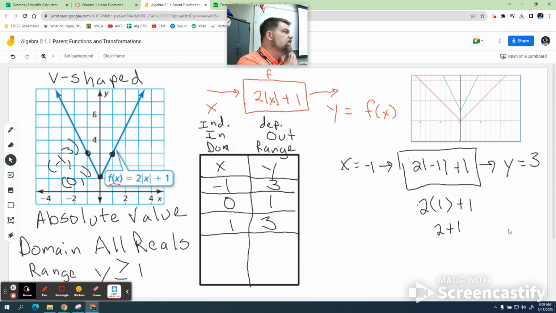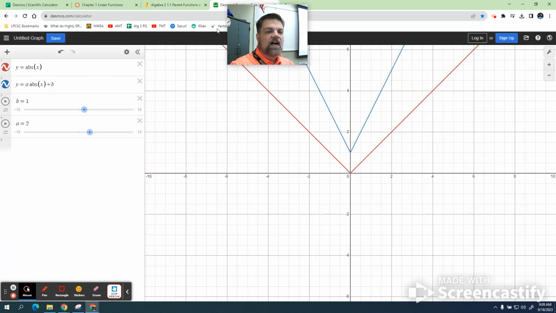That's going to go in front of the absolute value function. I want to shift it up or down. That goes outside of the absolute value function. So just real quick, if I change this vertical shift, it goes like this, right? And we'll dive deep into those in a little bit, but this is just the first example, okay?